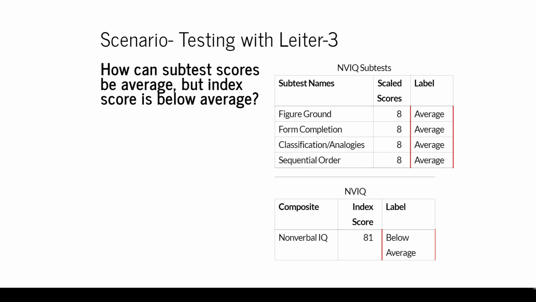How can this be? How is the index score below average? Well, this is actually an expected phenomenon. It's a feature of intelligence and psychological assessments, and not a bug. I'm going to give you some explanations so you can understand why this is occurring. We're going to approach it from a few different levels.